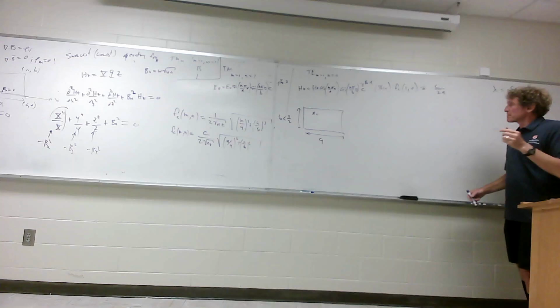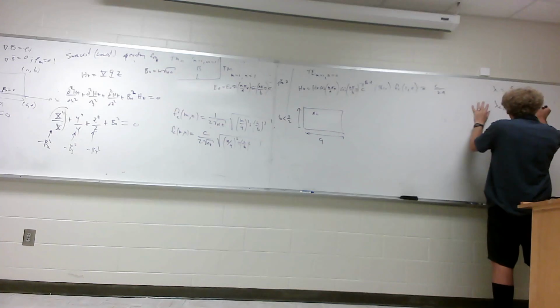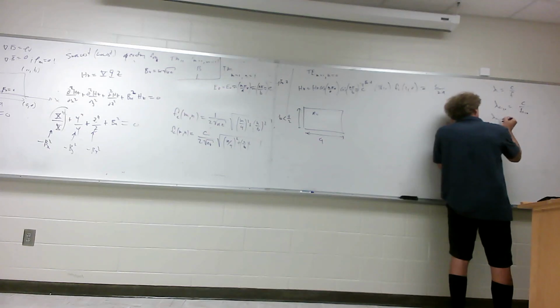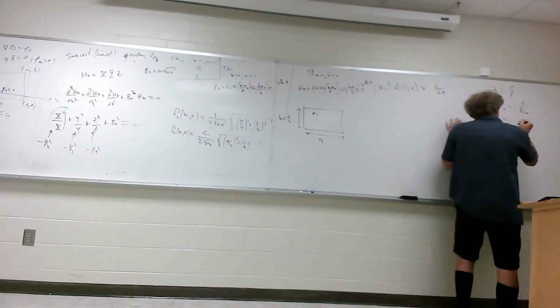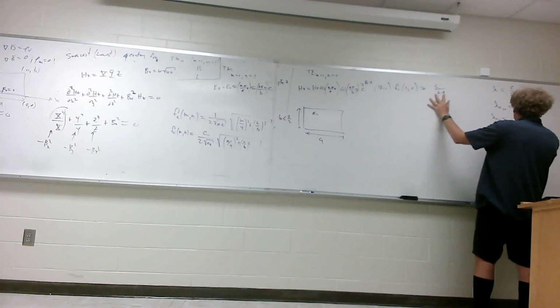All right, so the cutoff wavelength for the 10 mode will be C over the cutoff frequency of the 10 mode. That means the cutoff wavelength for the 10 mode is equal to C divided by C over 2A.